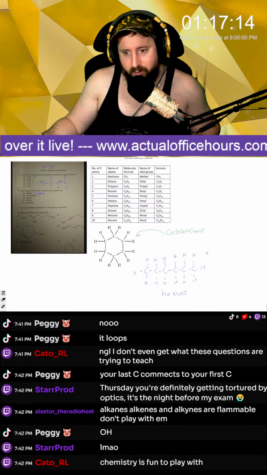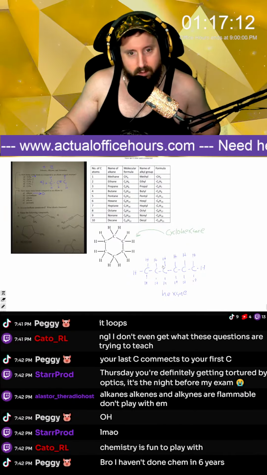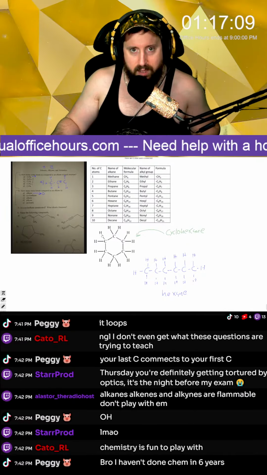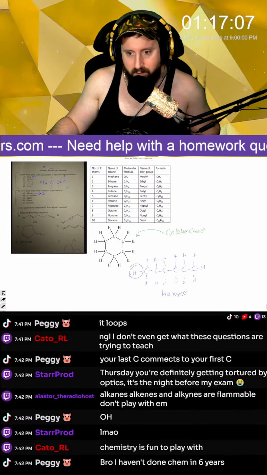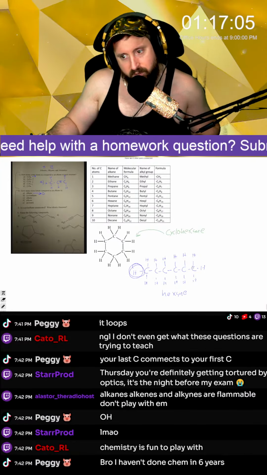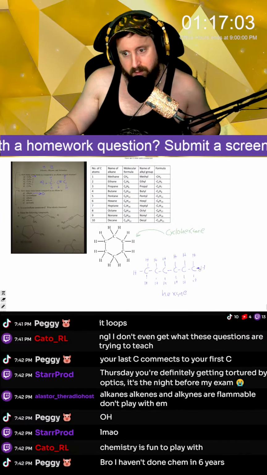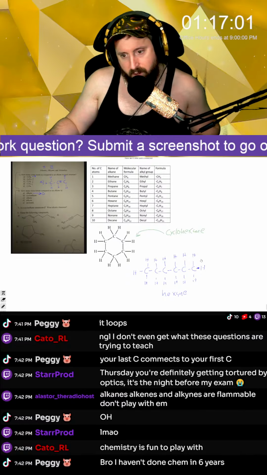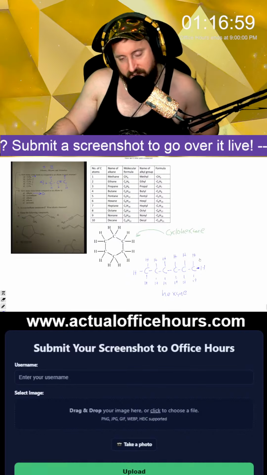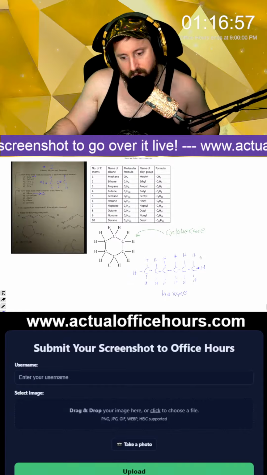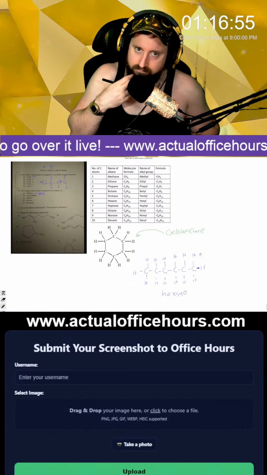So, number of bonds though. I think cyclohexane just has 2 less, right? Well, no, it just has 1 less then, right? Well, also the change in the hydrogens. I think it's 2 less. No, just 1 less.